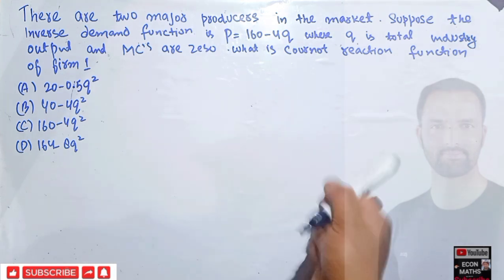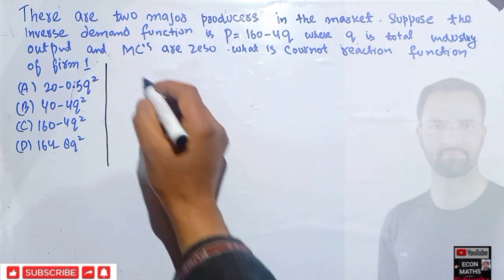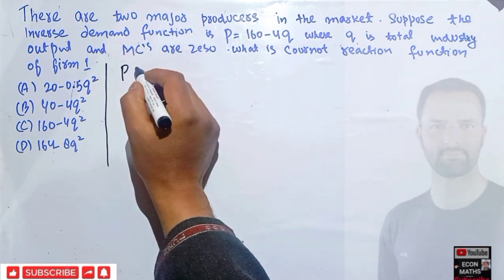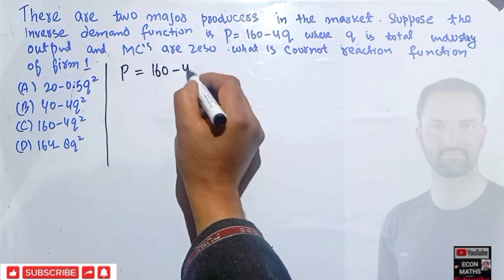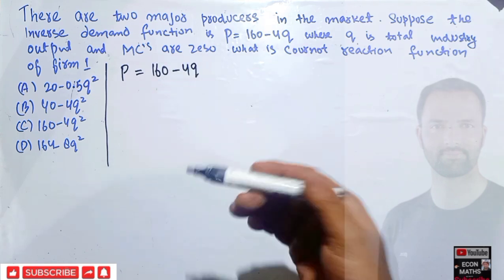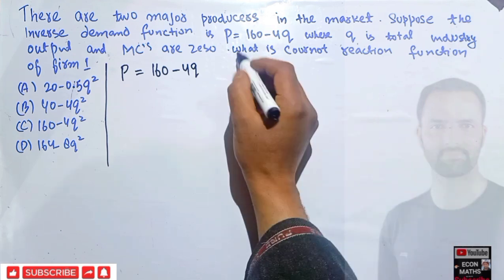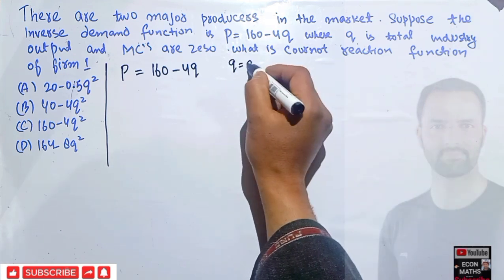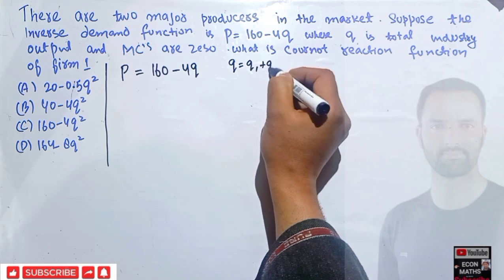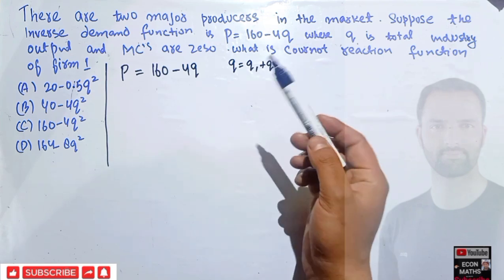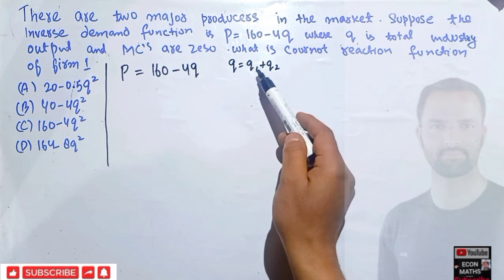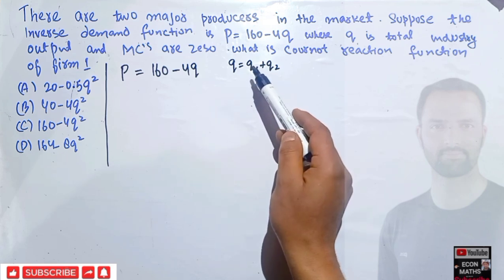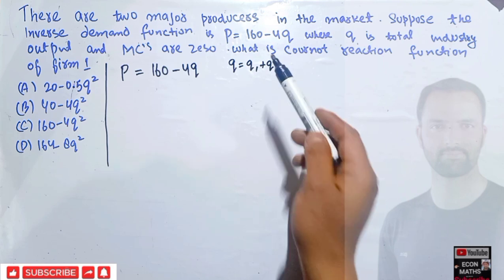So what we are being given here, let me write it here. The industry demand is given by 160 - 4Q. Since there are only two firms, Q should be equal to Q1 + Q2, that is, the total output produced by the two firms is Q. The output produced by firm 1 is Q1 and by firm 2 is Q2.